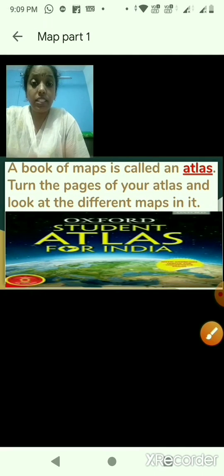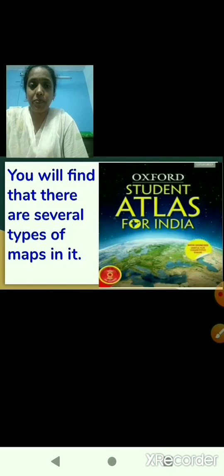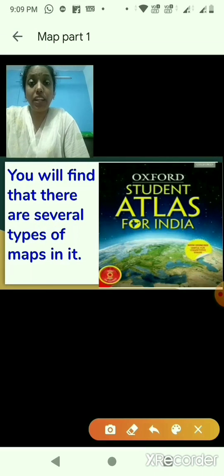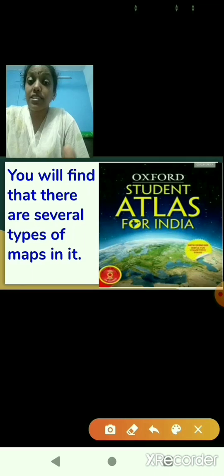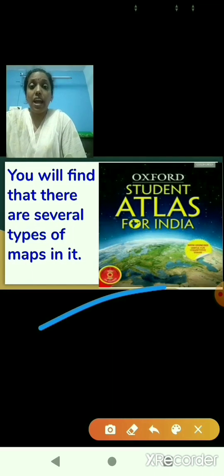You can turn the pages of your atlas and look at the different maps in it. You will find that there are several types of maps in it. An atlas is the collection of maps. It is typically a bundle of maps, you can say.